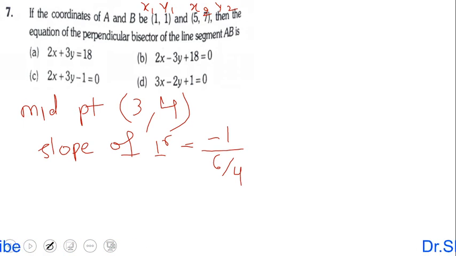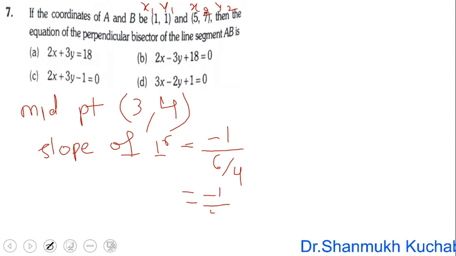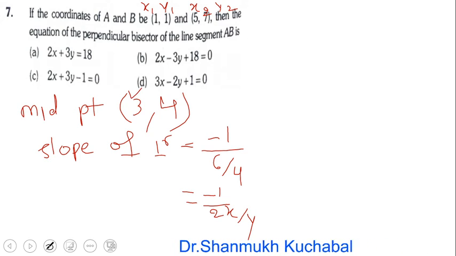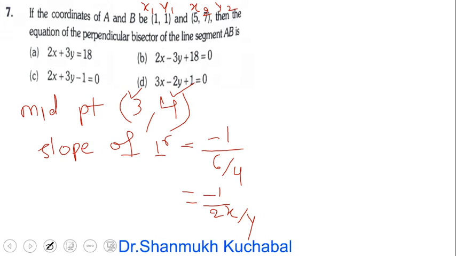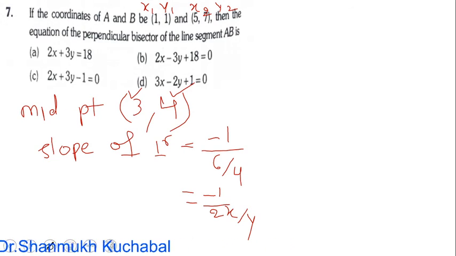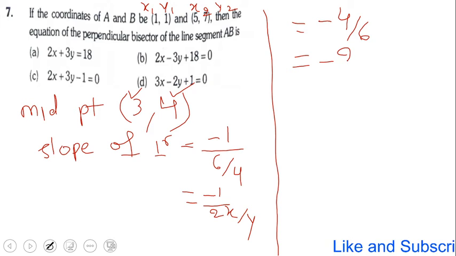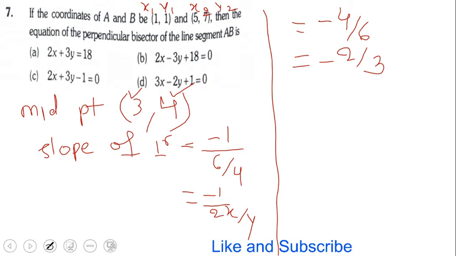We have used the formula 2x by y, so minus 1 is 2x divided by y, x is 3, y is 4, so we get 6 by 4. Further we'll simplify this one: 6 by 4, take the reciprocal, so we get minus 4 by 6, so cancelling, minus 2 divided by 3.